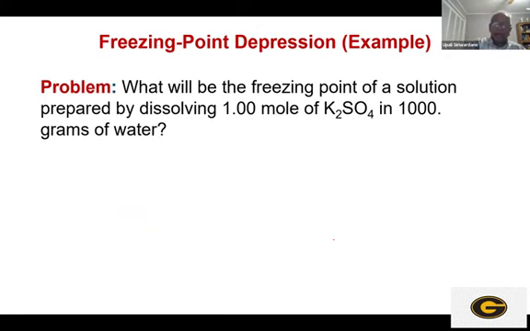Problem. What is the freezing point of a solution dissolving 1 mole of potassium sulfate in 100,000 grams of water? Now, 1 mole of this compound has 3 particles, 2 potassiums, 1 sulfate ion.